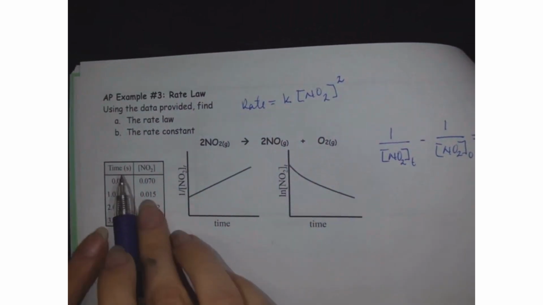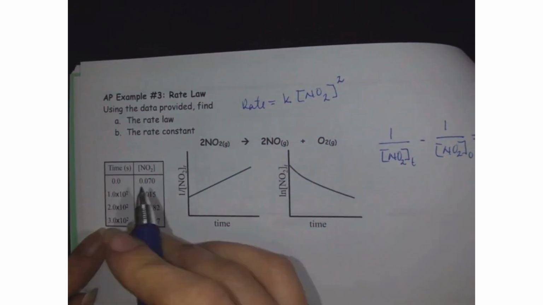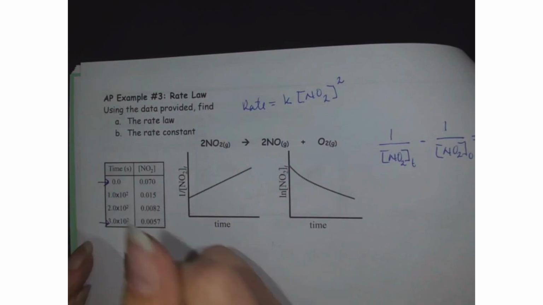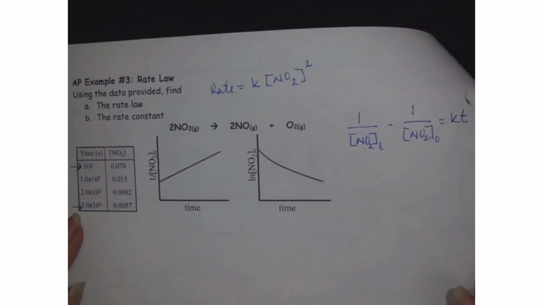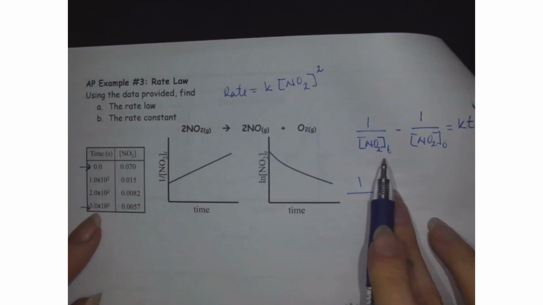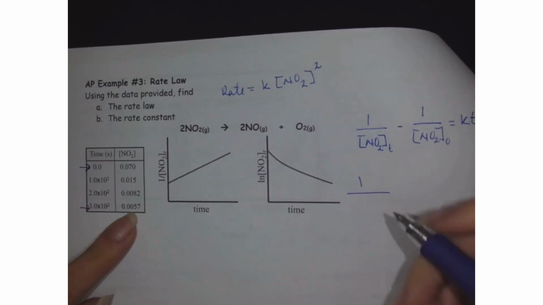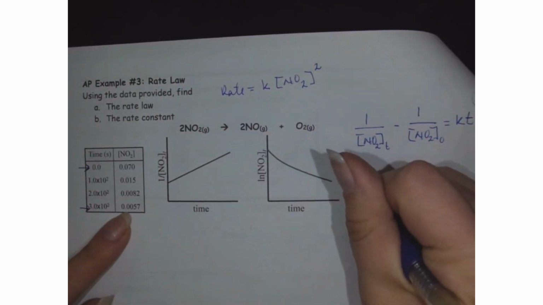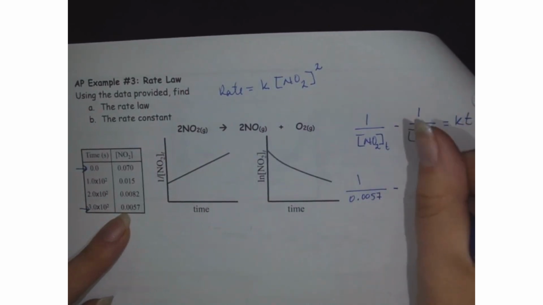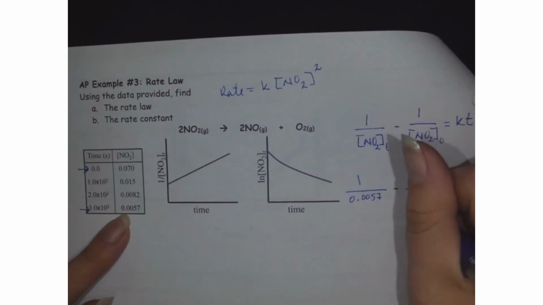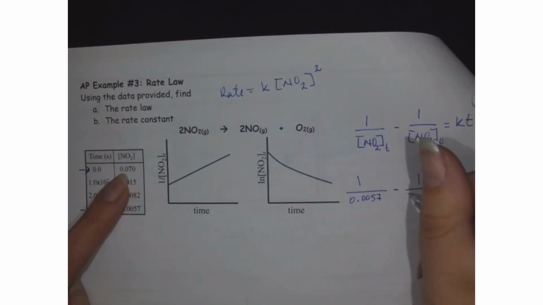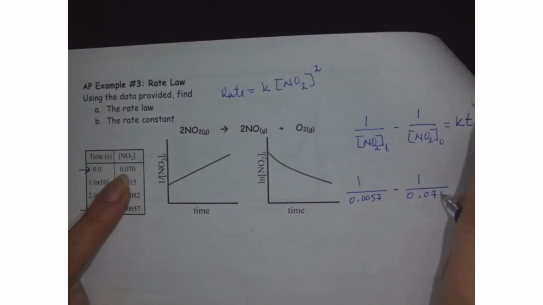And so in this table, I have my 0 and I have these times. How about I just pick the 0, but then I'll just do this final trial there. Okay. So 1 over the concentration at this time, and the concentration at that time was 0.0057. I'm going to minus that from 1 divided by the concentration at time 0, and the concentration at time 0 was 0.070.